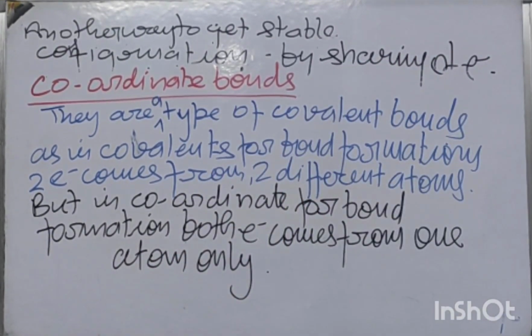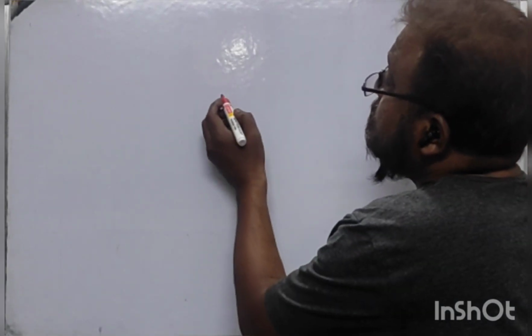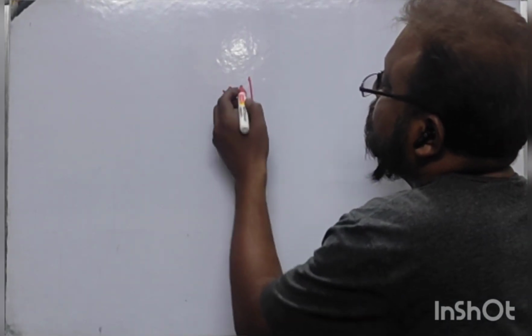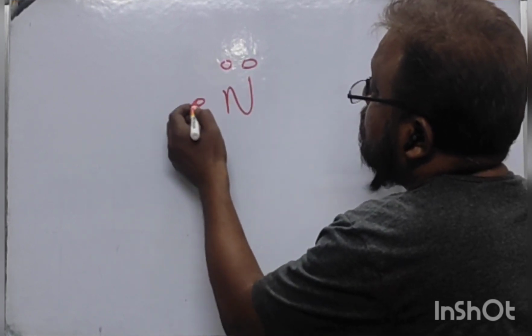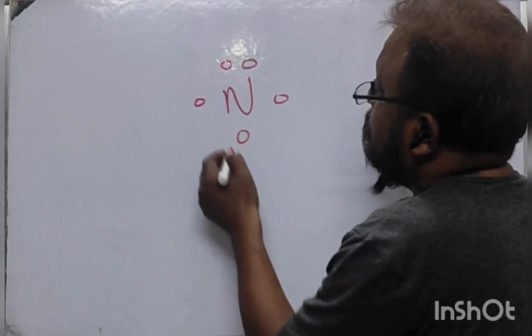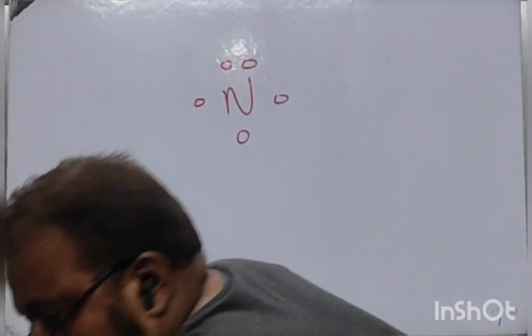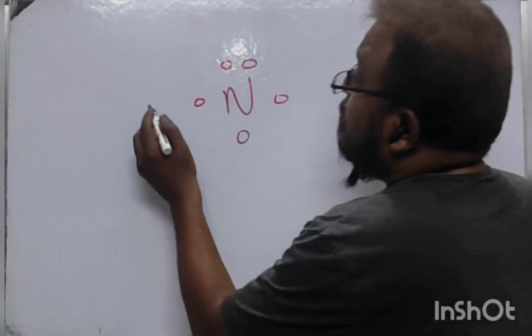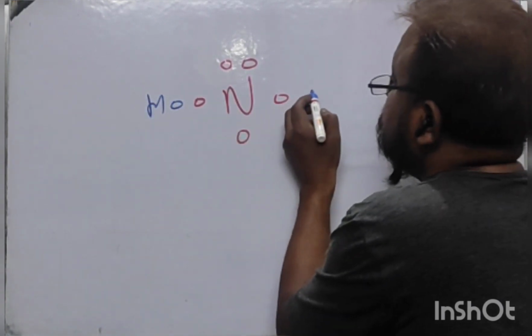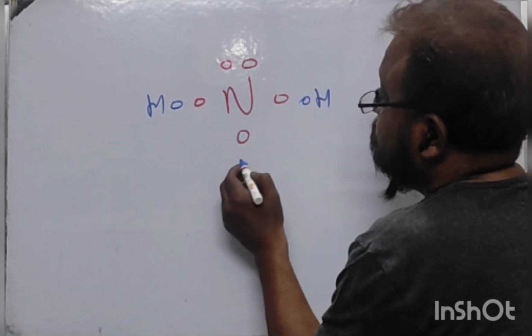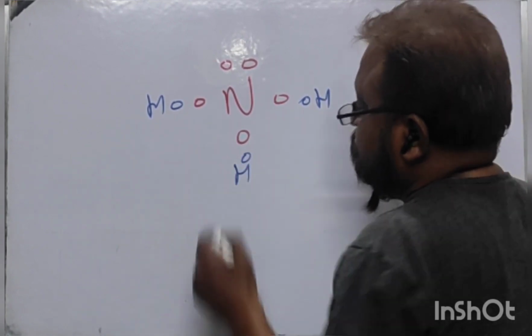Did you get what I said? This is a nitrogen atom. It has 5 electrons in its outermost shell, and there are hydrogen atoms.